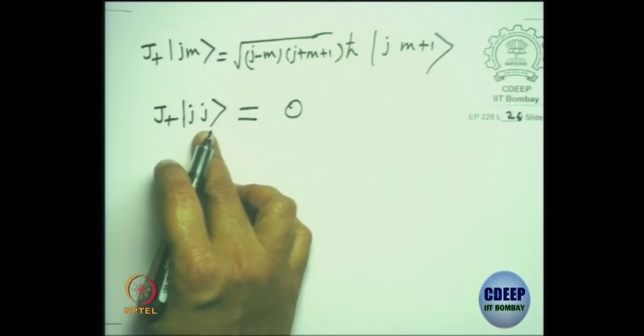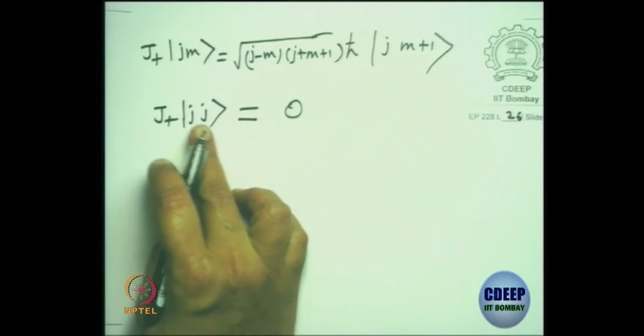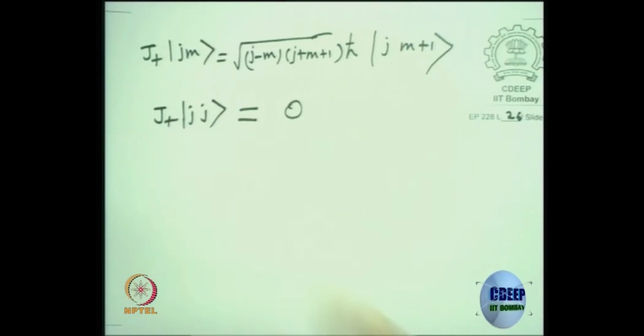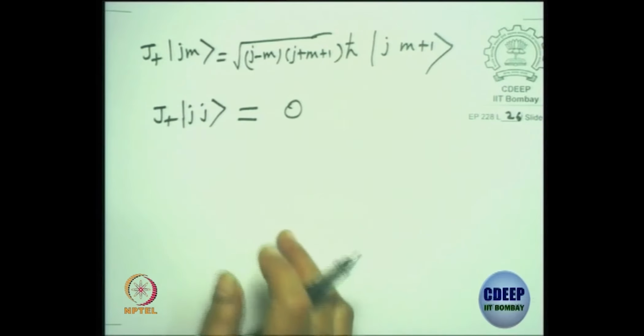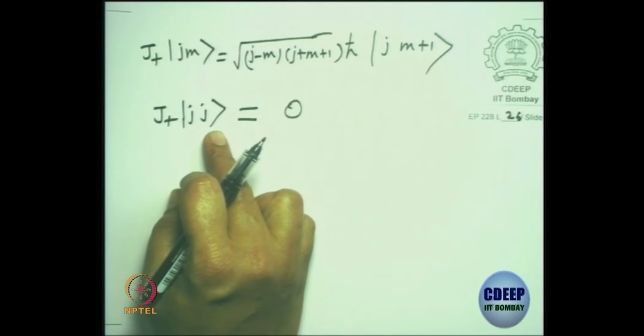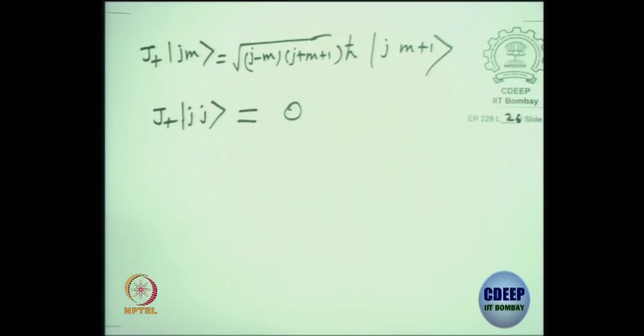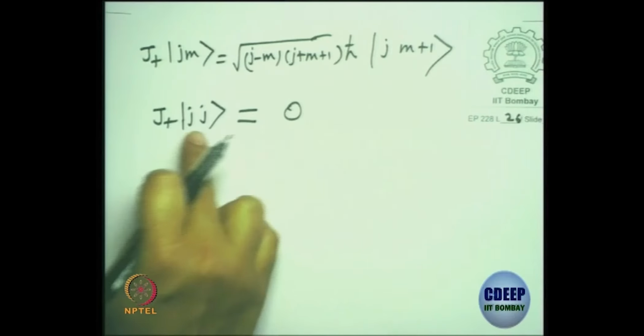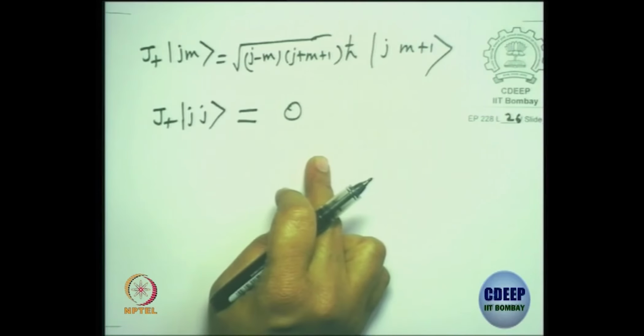Or equivalently, this is also making sure that your M doesn't go above J. Unlike your harmonic oscillator, we have an upper cutoff also. In the harmonic oscillator, there is a lower cutoff that you cannot go below 0 in the number eigenvalues, but the upper eigenvalues can go anywhere. But here you see that there is an upper bound also.